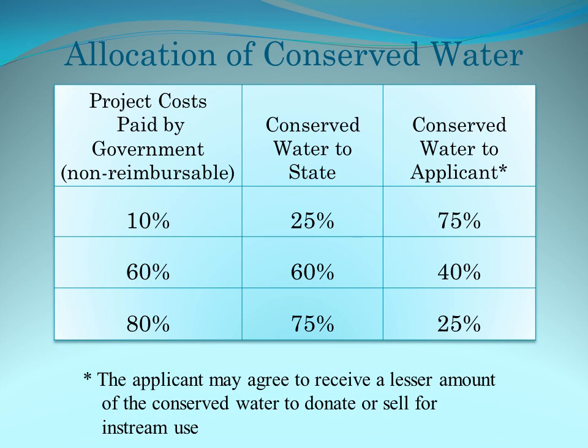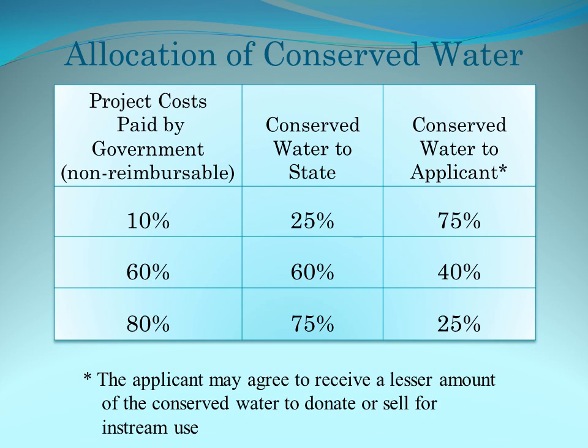So let's take the first factor, the amount of non-reimbursable funding received from federal or state governments. To convert to drip irrigation, the estimated project cost is $100,000. The property owner has been working with OWEB, and they are providing a grant of $60,000 for the upgrade.